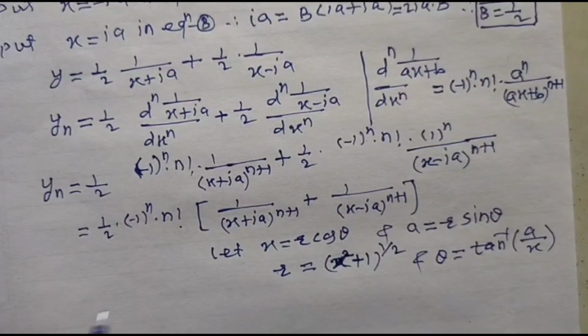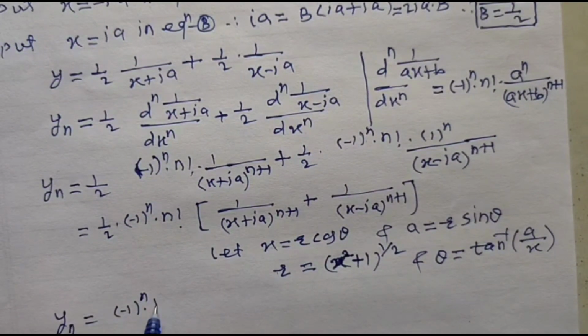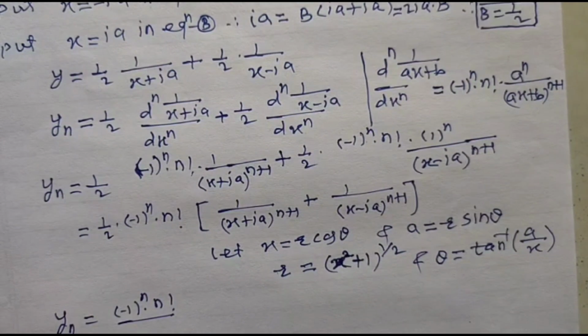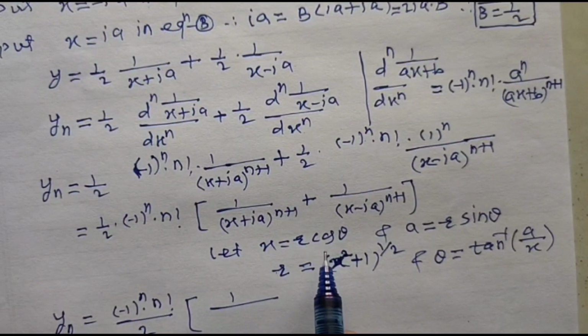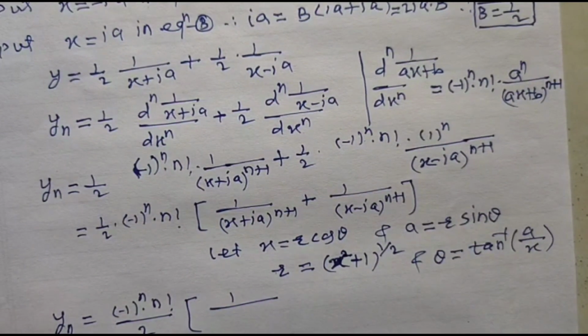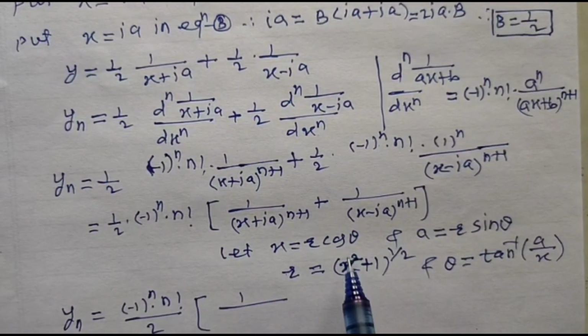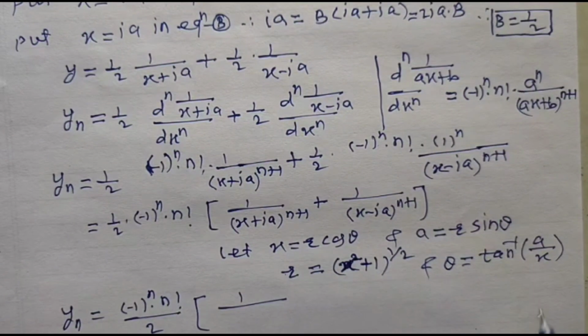So substitute here, hence yn can be written as minus 1 raised to n into n factorial divided by 2 into bracket 1 upon x plus ia, where we are replacing x by r cos theta and a by r sin theta.